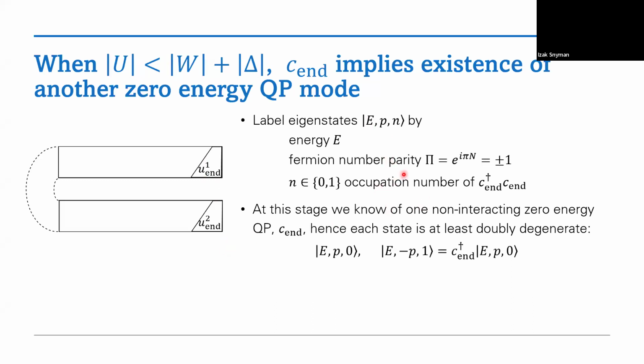Because this is a zero energy quasiparticle, each state has a partner. So give me a state with zero quasiparticles in this end state orbital, and I apply the creation operator to the end orbital. And I get one whose number parity is changed, and I've got one fermion in this orbital.